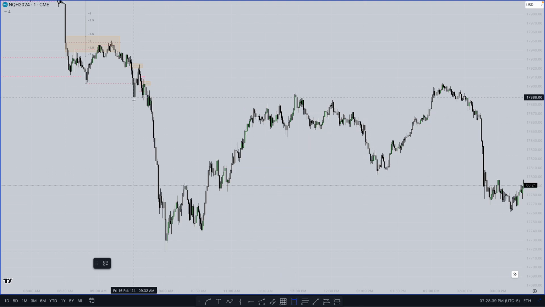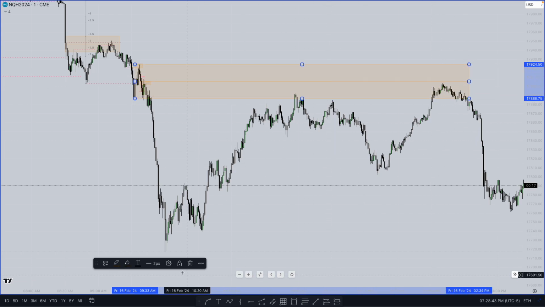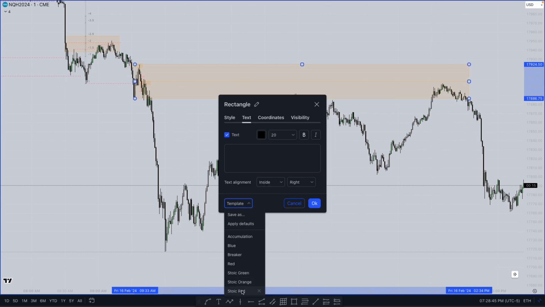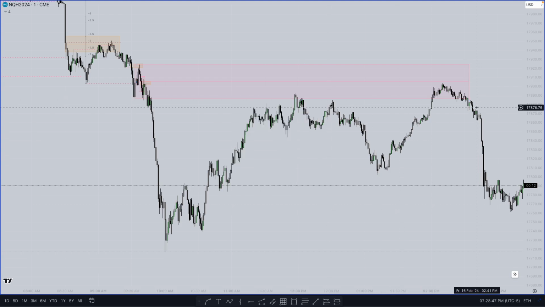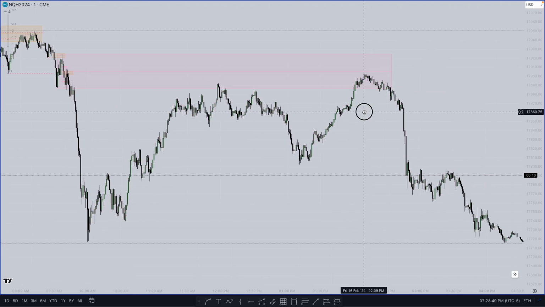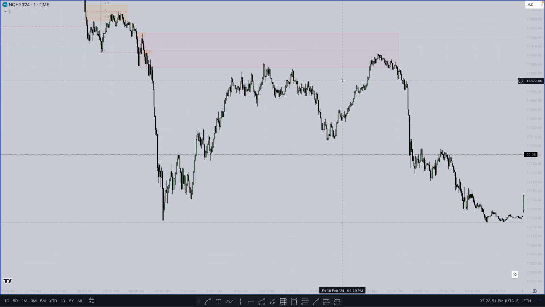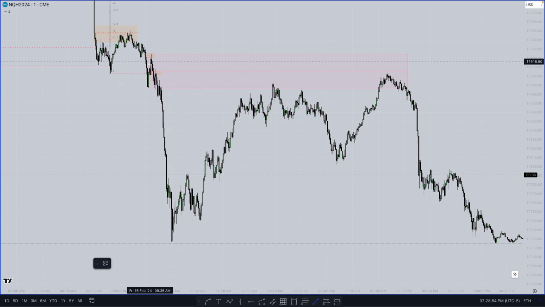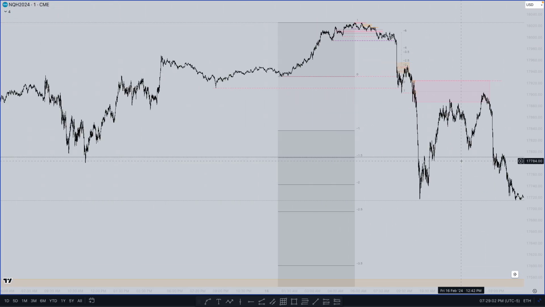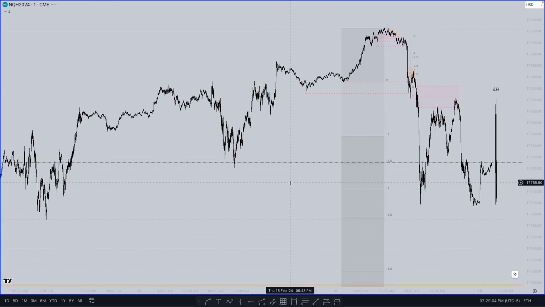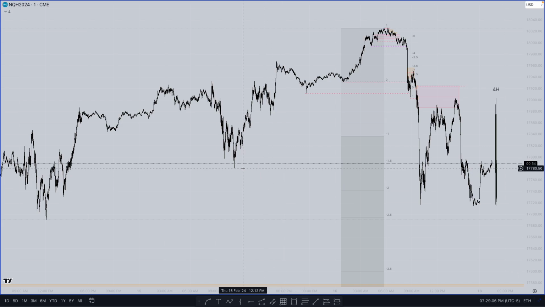So you mark from this low to this high across. Let's make it pink. So you got your sell-off box that until this high is broken, shorts are still where it's at. And then structurally, you just keep breaking down.